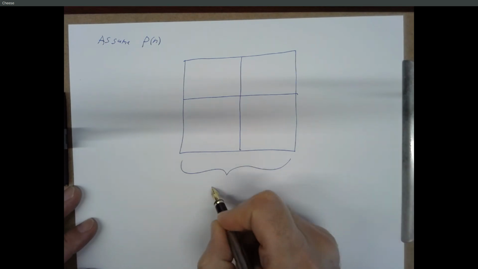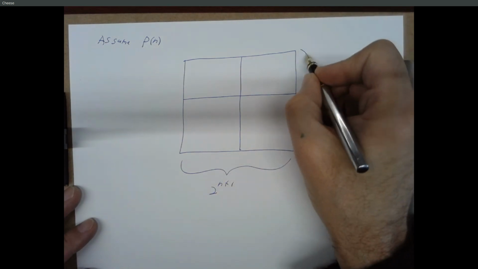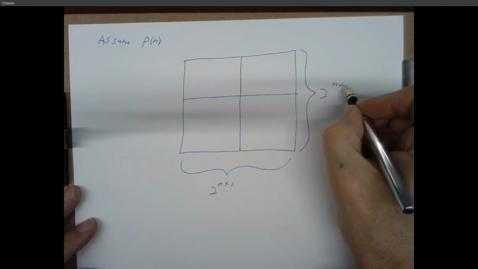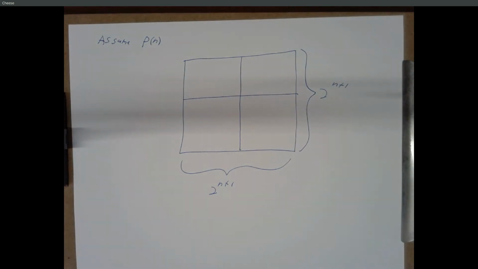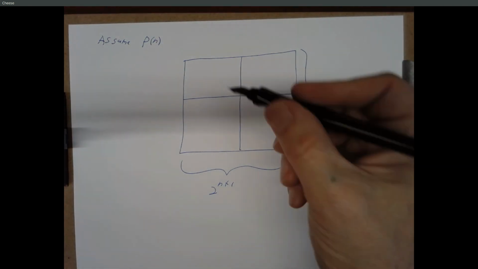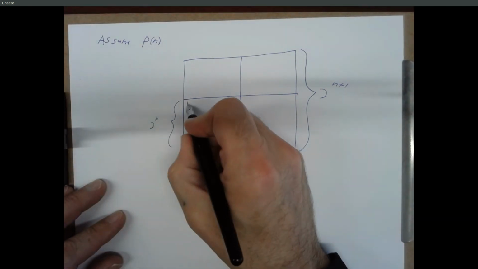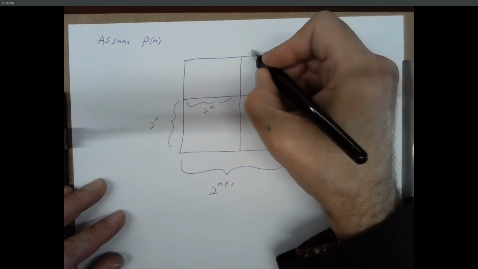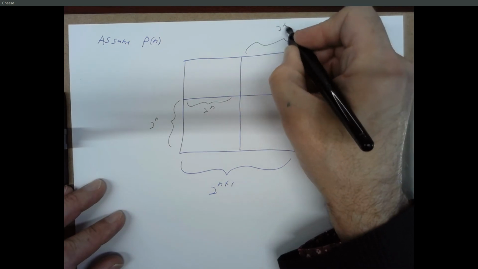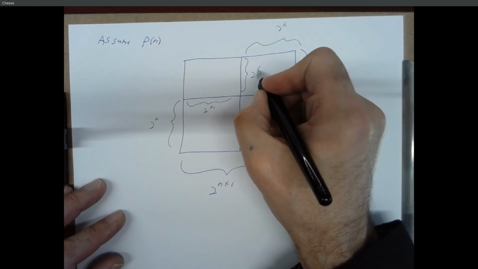since the number of tiles here is 2^(n+1), and the number of tiles here is 2^(n+1), I know that if I split each side in half, this is 2^n, this is 2^n, this is 2^n, this is 2^n.